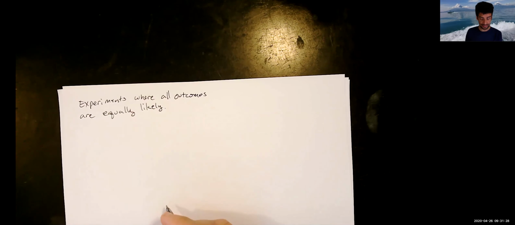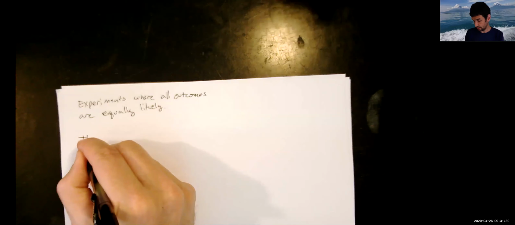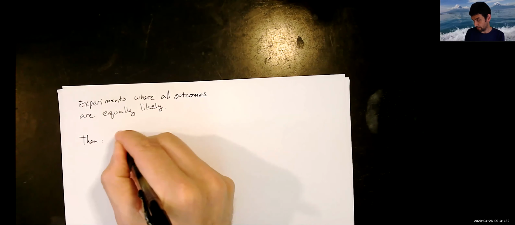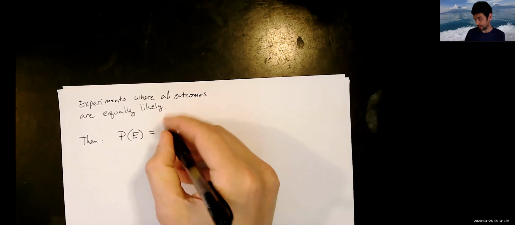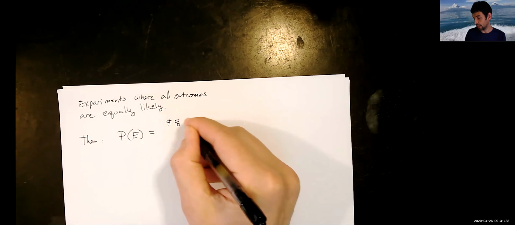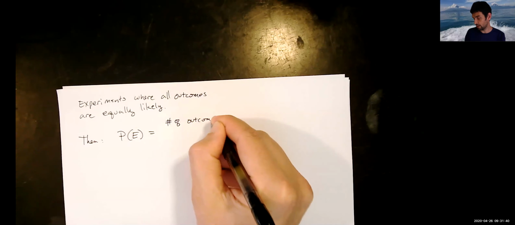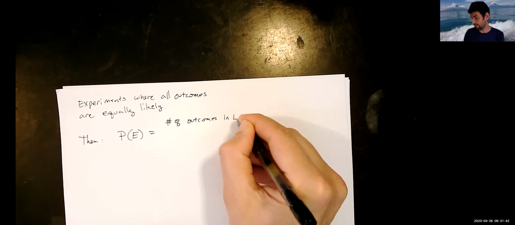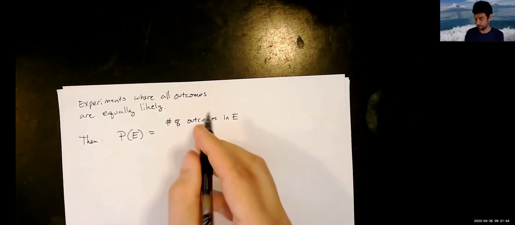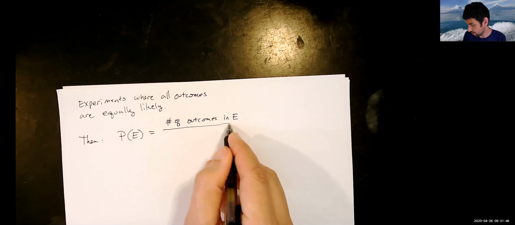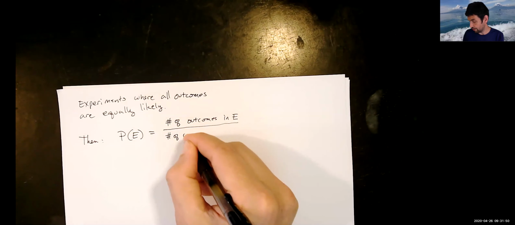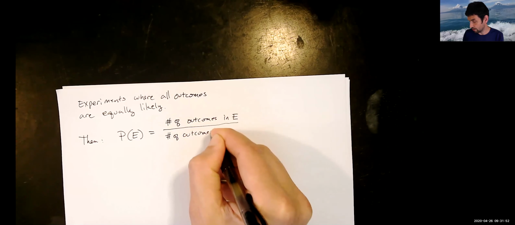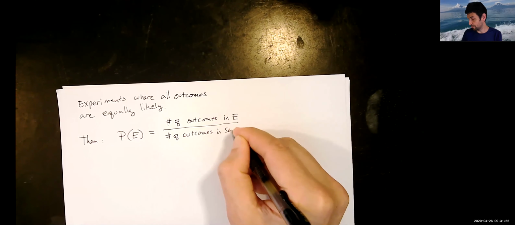When this is the case, the probability that event E happens is the number of outcomes in event E divided by the number of outcomes in the sample space.